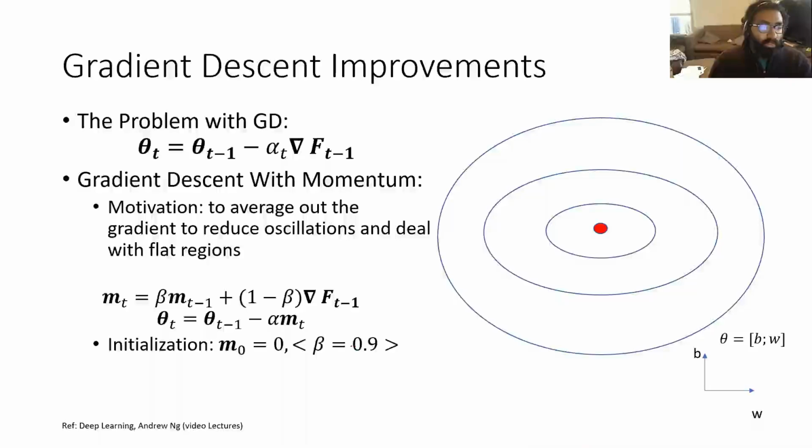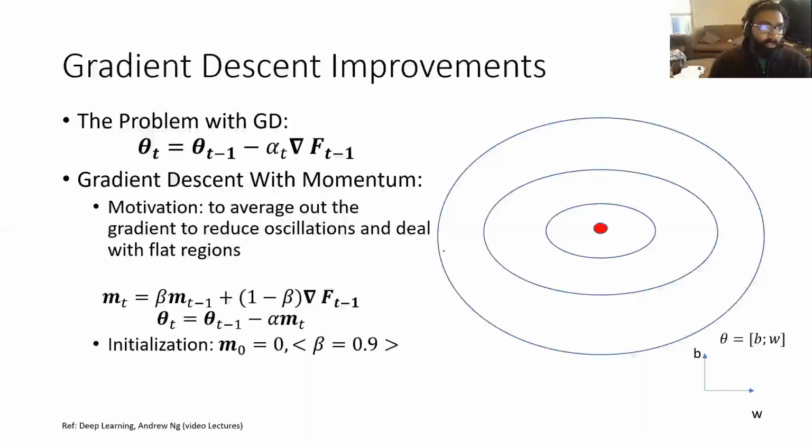You can notice that beta is ideally 0.9, one of the possible values. At beta equal to 0.9, it is equivalent to averaging out the last 10 values of the gradient with a decreasing weight, and then using that to update your iterate.